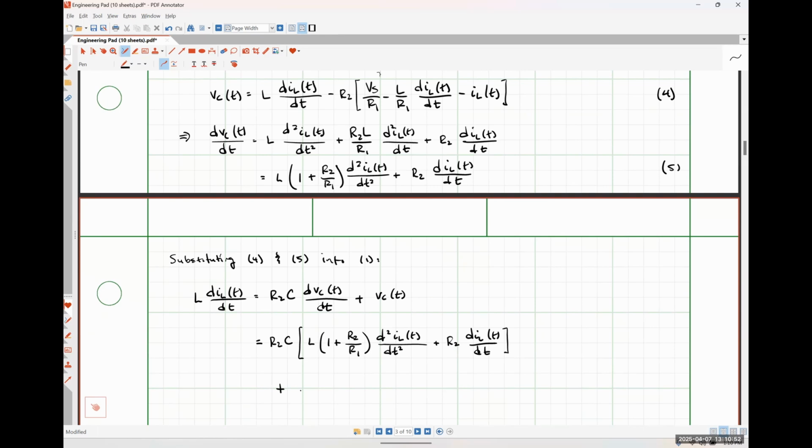Plus L di by dt minus R2 over R1 times Vs plus L times R2 over R1 times my first derivative plus R2 times IL of t.